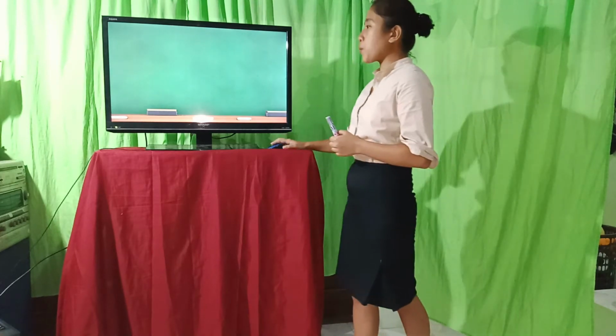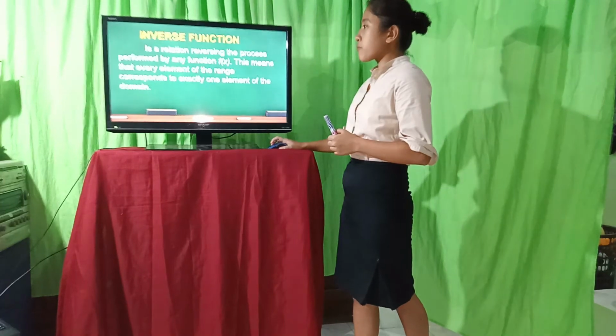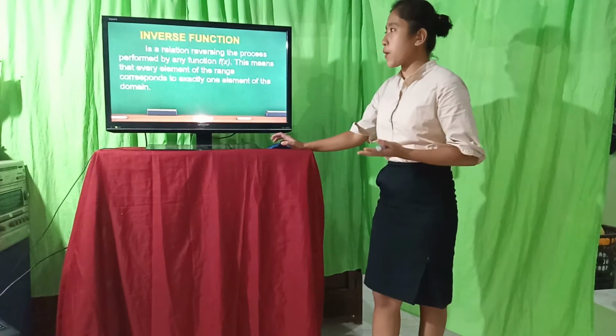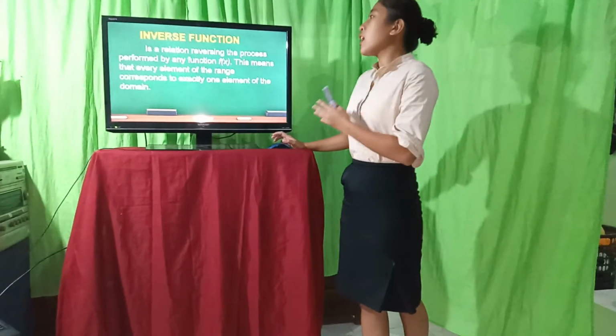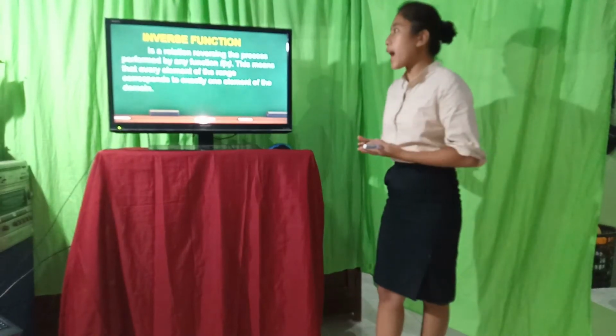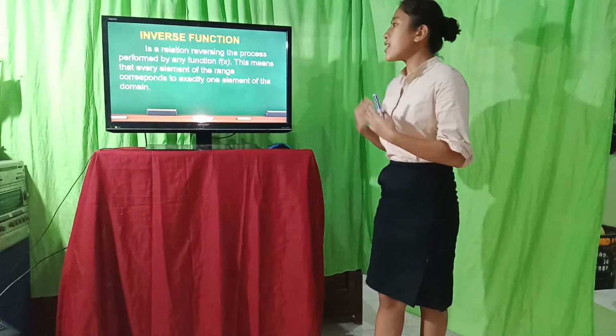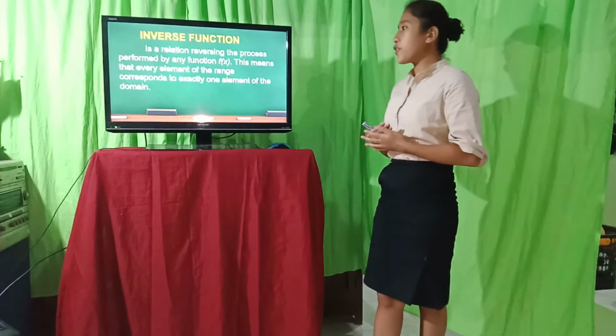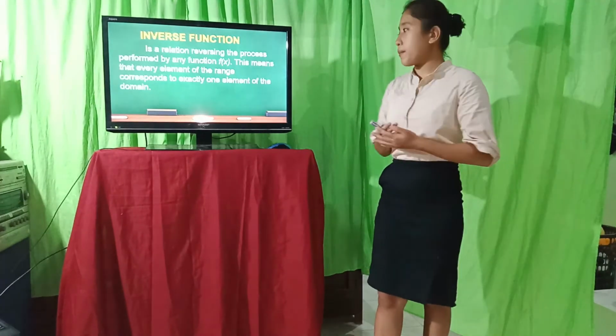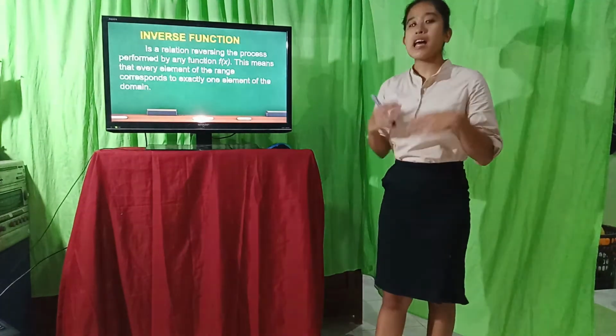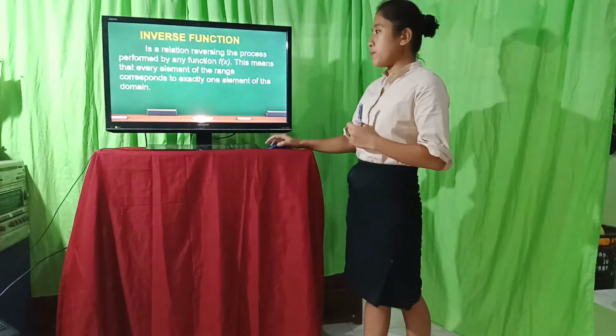By the way, what is an inverse first? An inverse is a relation reversing the process performed by any function f(x). This means that every element of the range corresponds to exactly one element of the domain. So that is a one-to-one function.